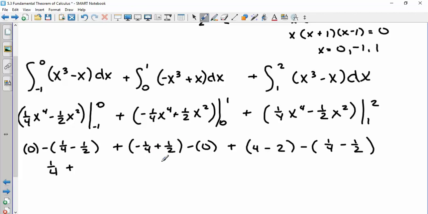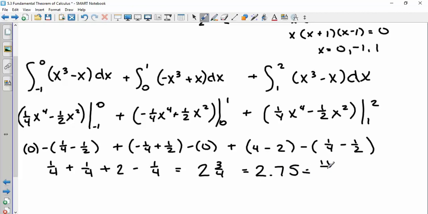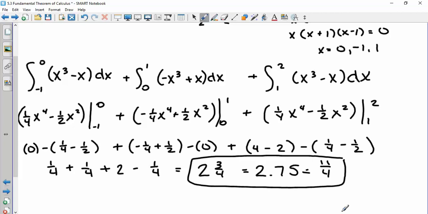Negative 1/4 plus 2 over 4 would be a 1 over 4. 4 minus 2 is 2. This would give me a negative 1/4, so the opposite of that would be a positive 1/4. So we get 2 3/4, or you could write that as 2.75, or 11 over 4. Any of those answers are fine.